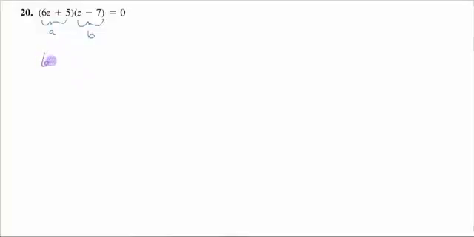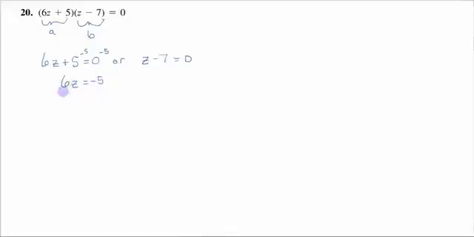That means 6z plus 5 equals 0, or z minus 7 equals 0. So I'm going to solve both of those equations just the way I've done in my beginning algebra class. So I'm going to subtract 5 from both sides to get rid of that 5. That gives me 6z equals negative 5.